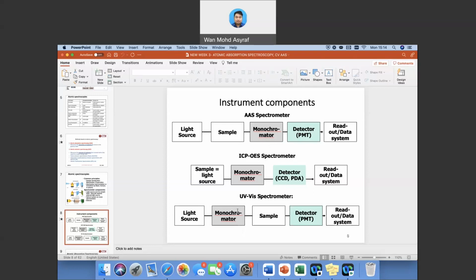There is a reason for each. In UV-Vis, the monochromator is before the sample because its function is to select only a particular wavelength for your sample. But why is it after the sample for AAS? We will be looking at that after this.